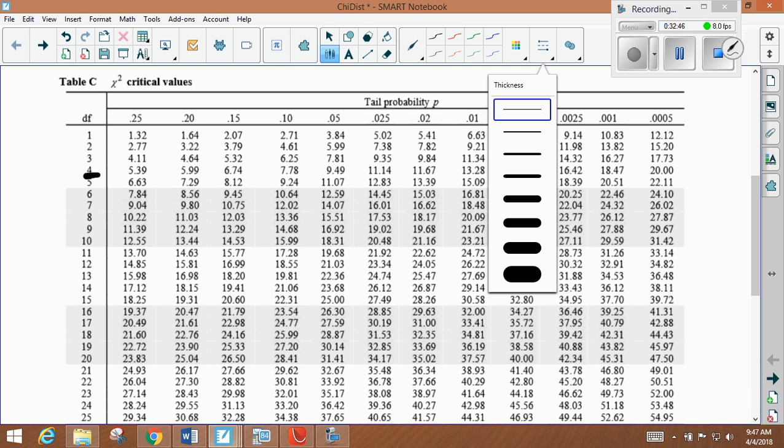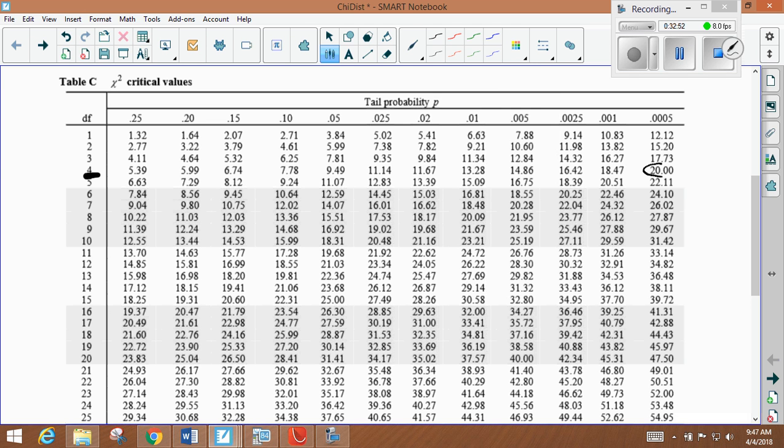And because the largest value is 20, we could actually have said that our p-value was much less than 0.0005, right? So that's how you would use your table in order to find that, right? So we're looking at this probability, and it is much less than that.